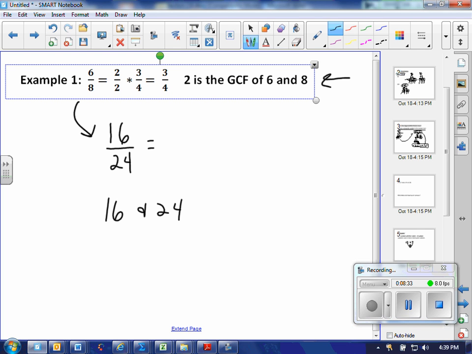But is that the greatest common factor of 16 and 24? The greatest common factor in this case would be 8. So if I took 16 and divided it by 8, you would get 2. And if I took 24 and divided it by 8, you would get 3. So again, knowing the GCF helps us reduce fractions.